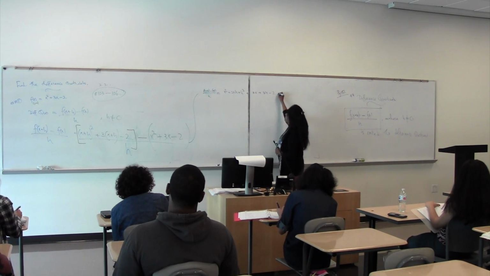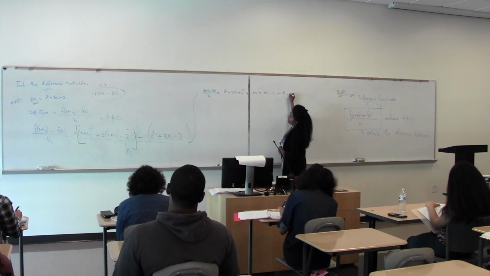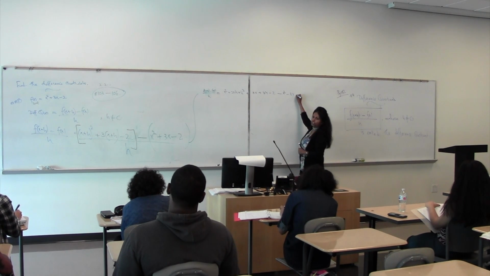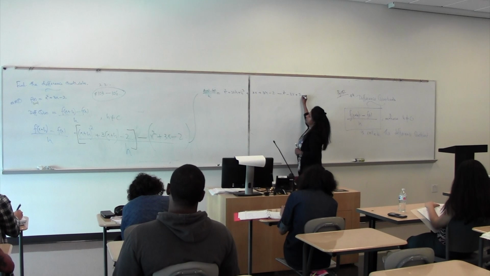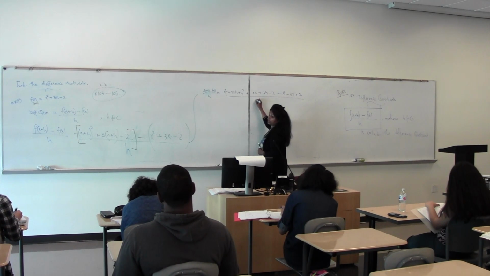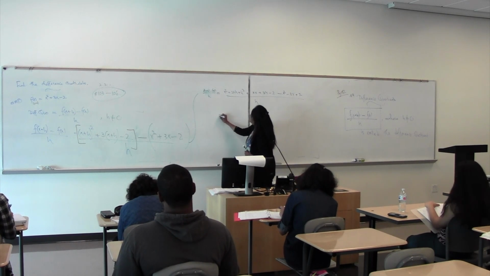Distribute: minus x squared minus 3x plus 2. Don't forget this, everything over h. Simplify the numerator.